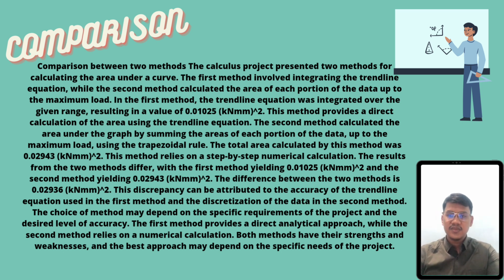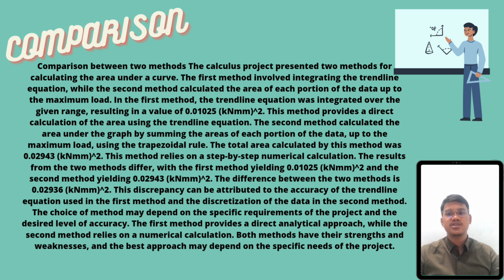We can see that there is some difference between the two methods' final answers, where the difference is about 0.02936 kilonewton millimeter square, and this difference can be attributed to the accuracy of the trend line equation used in the first method and the discretization of the data in the second method.